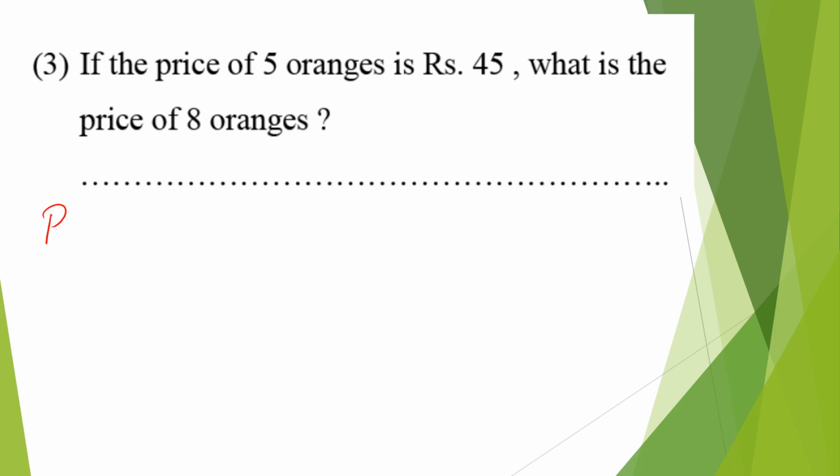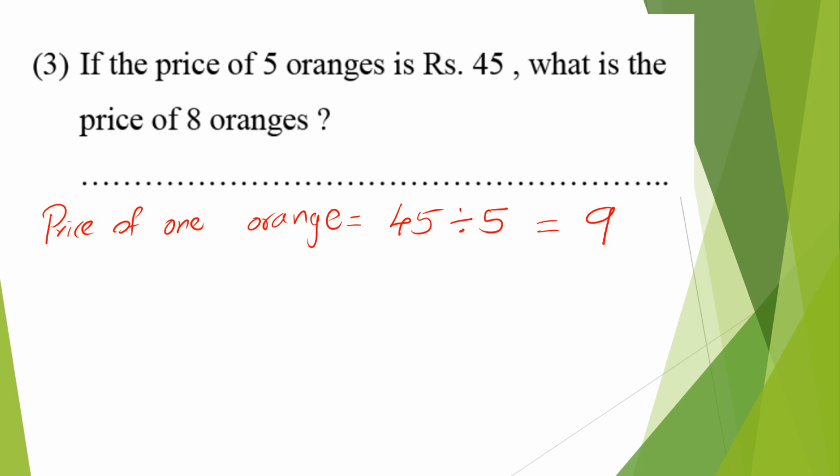Price of 1 orange is equal to 45 divided by 5. I think you don't know this way, so I will do it like this. Maybe this is familiar with you. 45 divided by 5. Then you get the answer, that is 9.